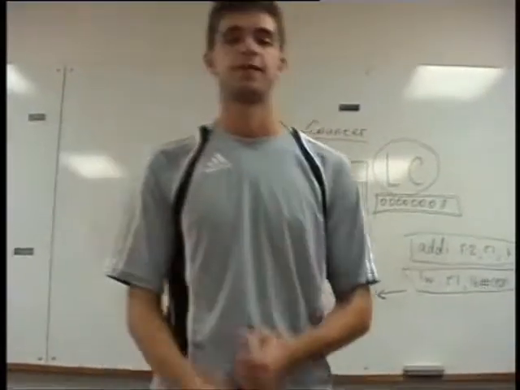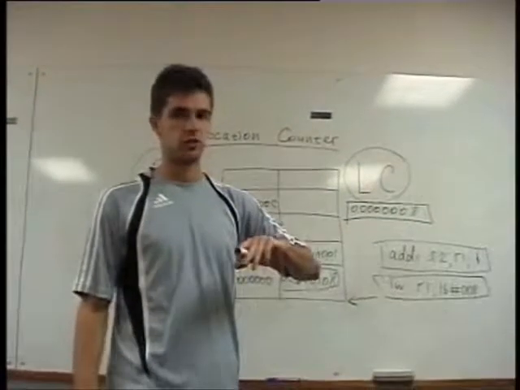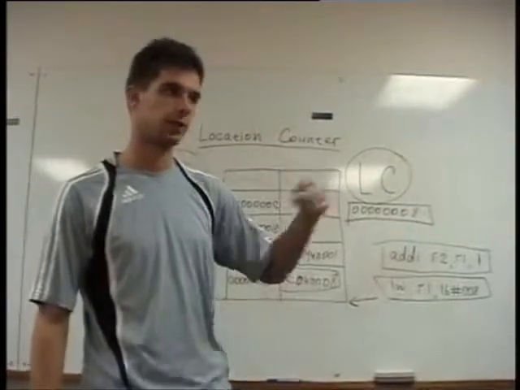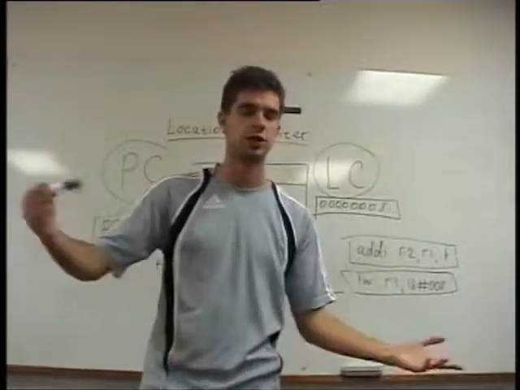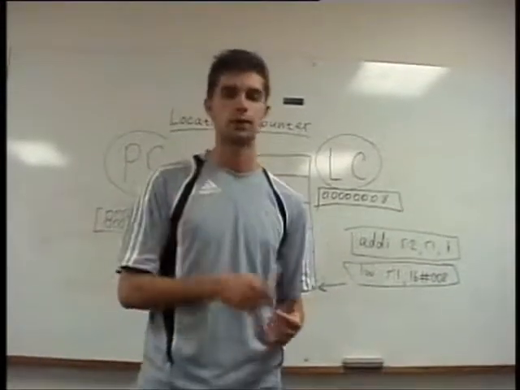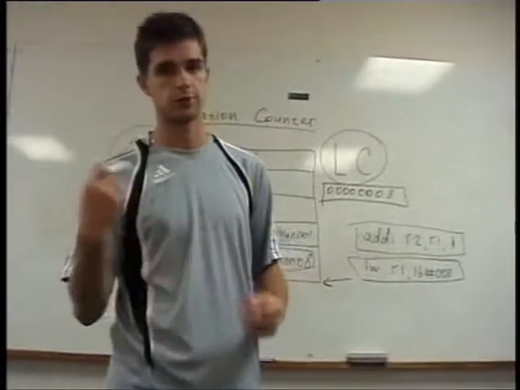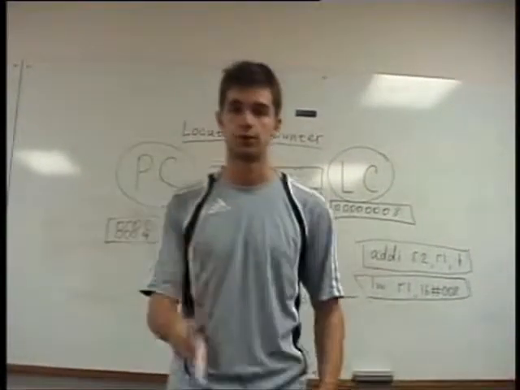And to summarize now, location counter keeps track of memory addresses of the current instruction being translated into hexadecimal or machine code. Now, the only difference between the location counter and the program counter is that the program counter is actually used by the processor and it's used during the execution of the program.